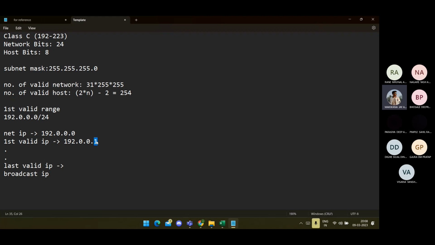So our host can be listed in this octet only. This number will not change, right? You understand why? Because this is fixed for the network bit. You only have to change this. So tell me what will be the last valid IP. Okay, tell me the broadcast IP at least.